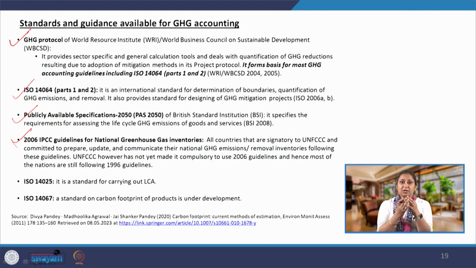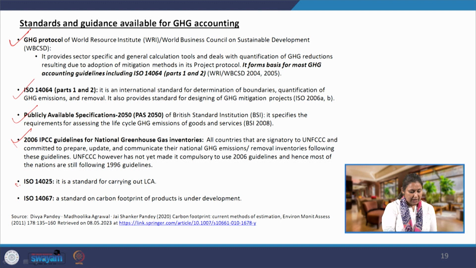Because there are so many parameters, we are talking about an entire planet here, and even for the smallest of entities, we are talking about hundreds of processes that are driving that. So, it is often difficult, and each of these will require an inventory. It is not practically possible to accurately account for the greenhouse gas emission, but we can come very close if we have a wide base of inventory. That is what is being done.